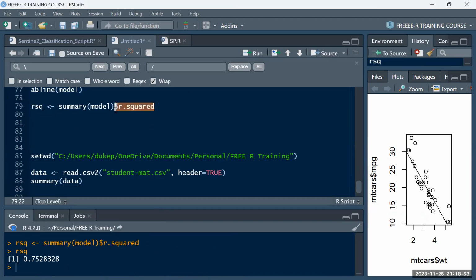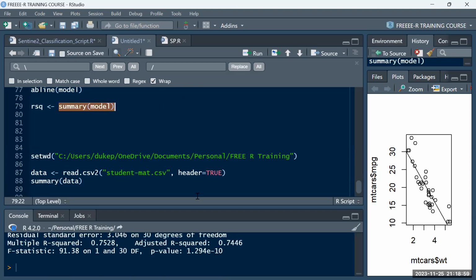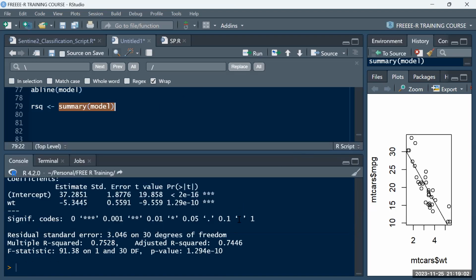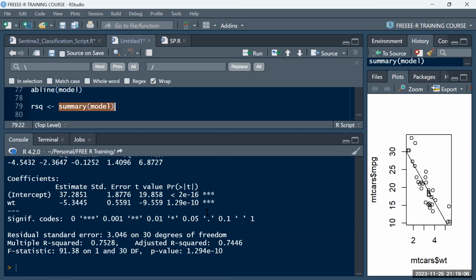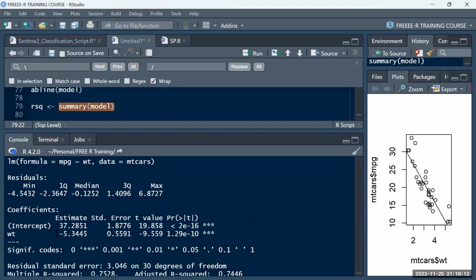So let's look at the summary of the model itself. Let's just run this. You'll see a couple of other things beside that, and I will explain what some of these things mean, the ones that I'm able to explain, of course. These are the estimates.